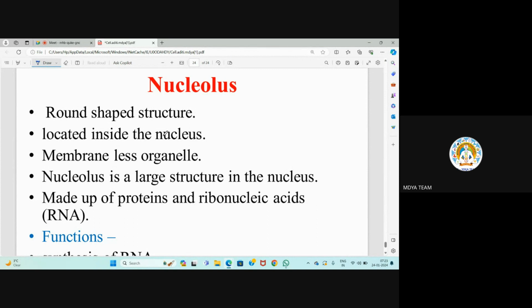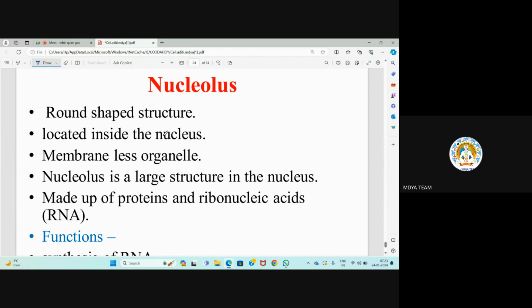It is a round-shaped, membrane-less organelle located inside the nucleus, with no covering sheet or membrane.